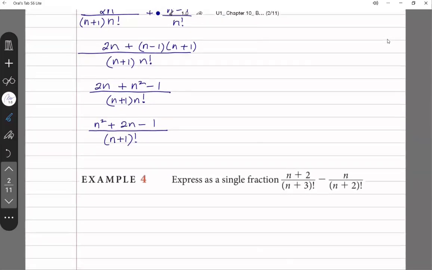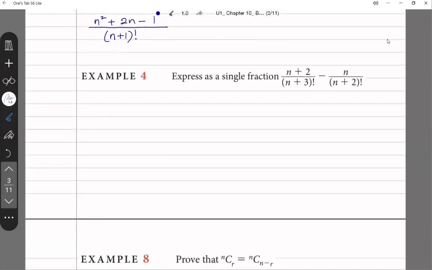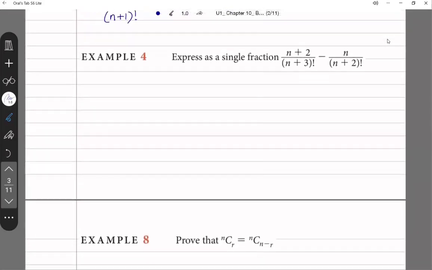Example 4. Example 4 is asking us to express as a single fraction. All right, so here the LCM is n plus 3 factorial. The LCM is n plus 3 factorial. So this is n plus 2 over n plus 3 multiplied by n plus 2 factorial, which is the same as saying what?